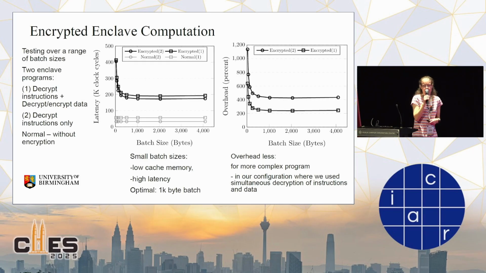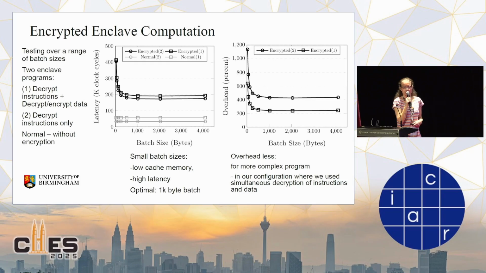So we've tested this with two enclave programs: a more complex program where we are decrypting instructions and also decrypting and encrypting data, and a second program where we are decrypting only instructions. In the first graph, the grey lines are the latency without encryption, and the black lines are the latency with encryption.